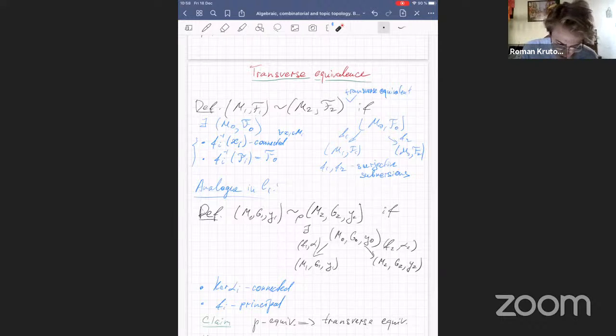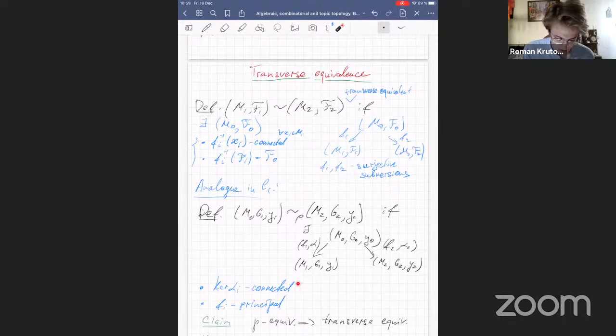So we say that two manifolds in C1 are P equivalent, namely principally equivalent, if there exists another manifold in this category, and morphisms F1 alpha 1, F2 alpha 2, satisfying two conditions.